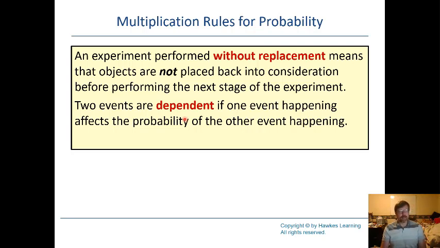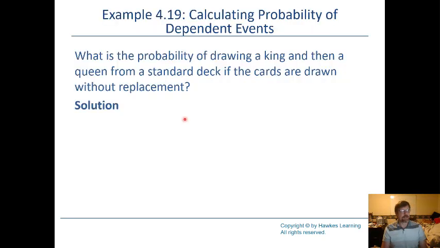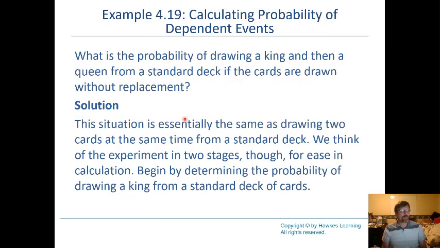So how would we do this? In this case, it's going to be similar. It's without replacement and dependent. It's basically unchanged in other ways, though. We can think about this in two stages.